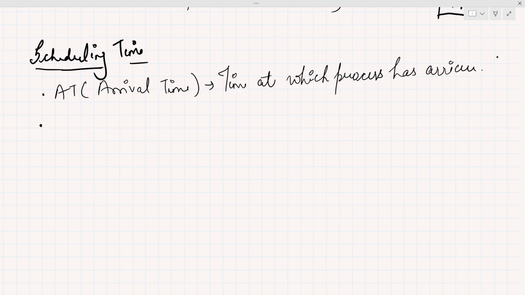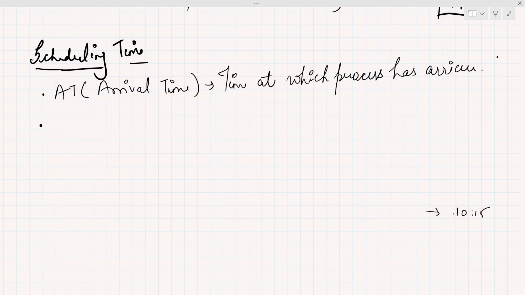Let's take an example of the meaning of arrival time. Let's say a process comes at 10:15, when the process comes into the main memory.